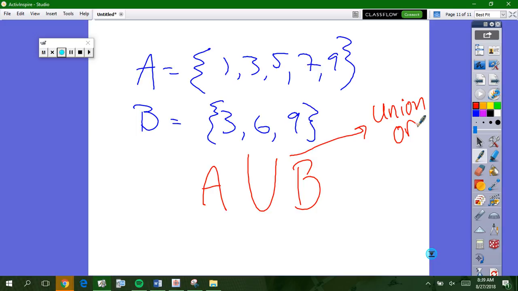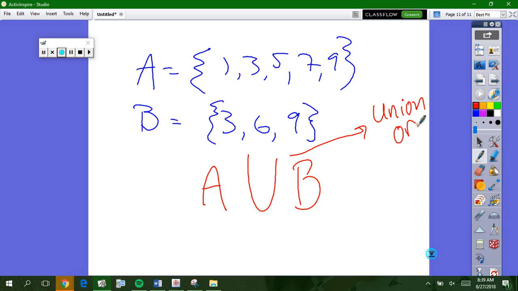Okay. So we're going to write a new set. What set would be A union B? If you'll notice, these are the odd numbers less than 10. These are the multiples of 3 less than 10. You guys see that? Okay. So, A union B. What does that mean?